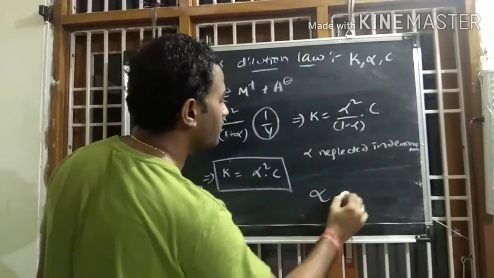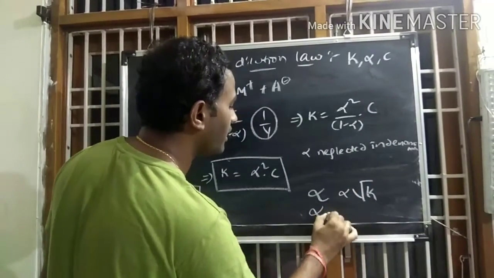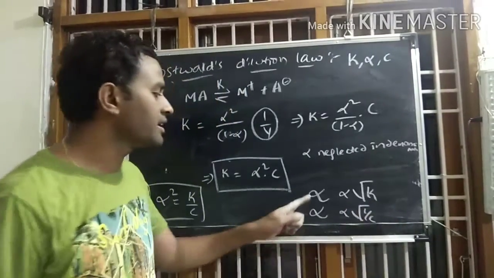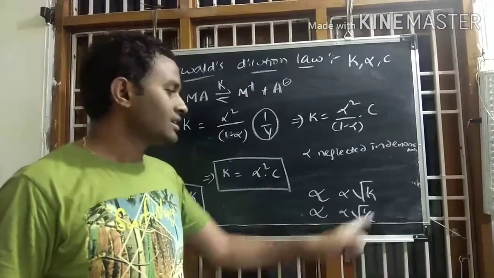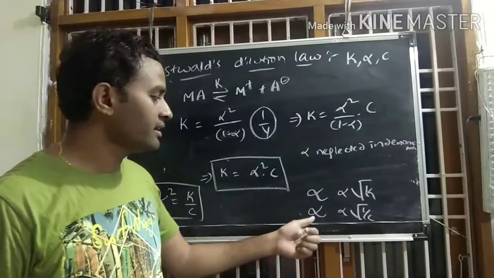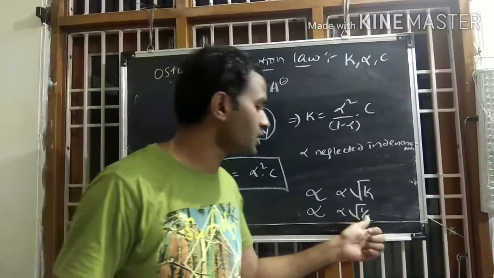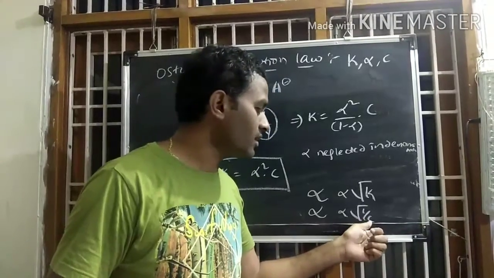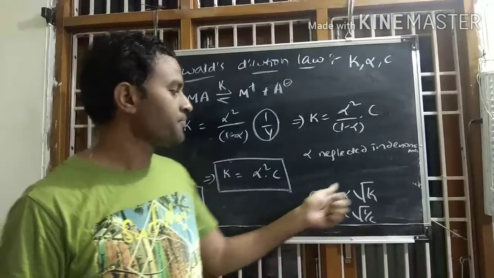That is, alpha is proportional to square root of K and alpha is proportional to square root of 1 by C. That means the degree of dissociation is directly proportional to the square root of dissociation constant of an electrolyte, and inversely proportional to the square root of the concentration of the electrolyte solution. As the concentration decreases, the degree of dissociation increases, right?